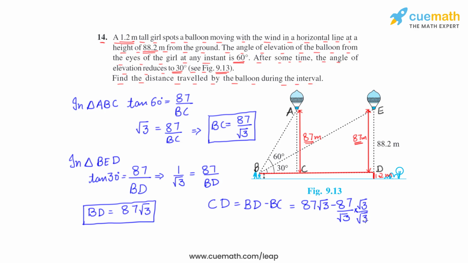So square root 3 into square root 3 is 3, and 87 by 3 is 29. So we get 87 square root 3 minus 29 square root 3, and the answer will be 58 square root 3 meters. So the distance travelled by the balloon during this interval is 58 square root 3 meters.